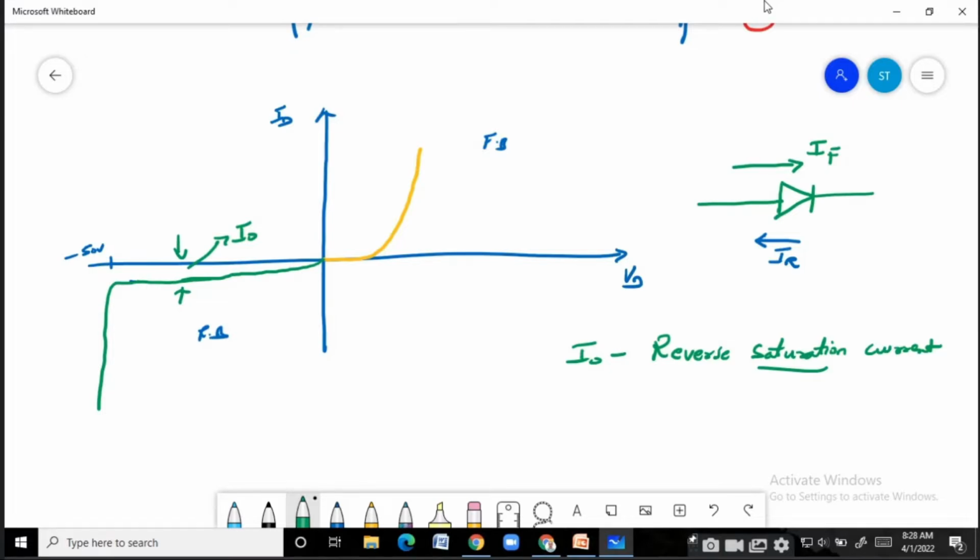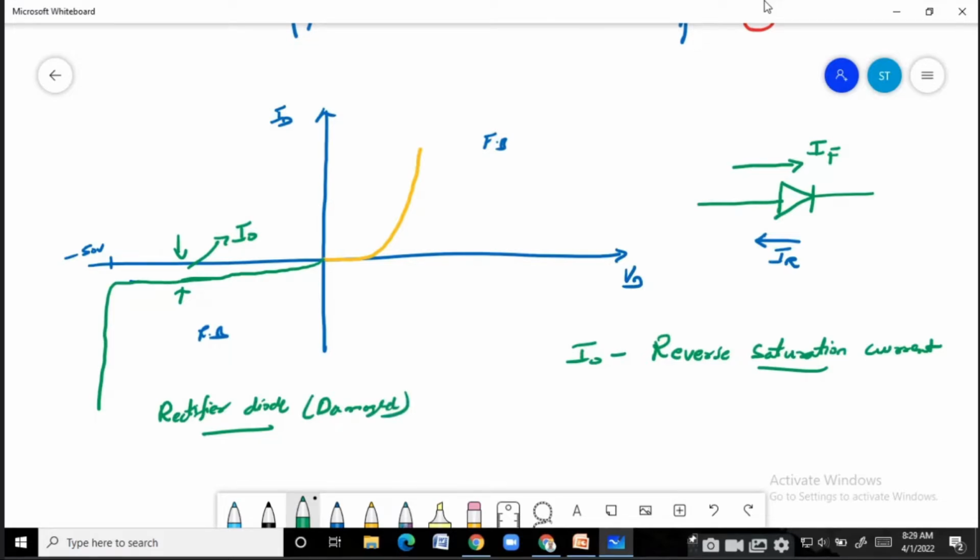It is not changing. In the case of a rectifier diode, as I had specified, this diode would get damaged if it goes into the breakdown region.